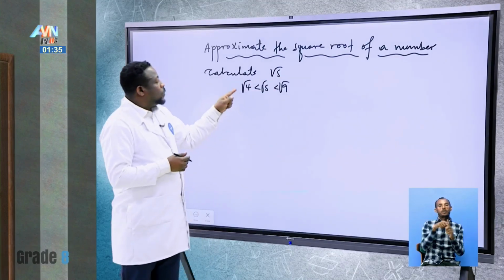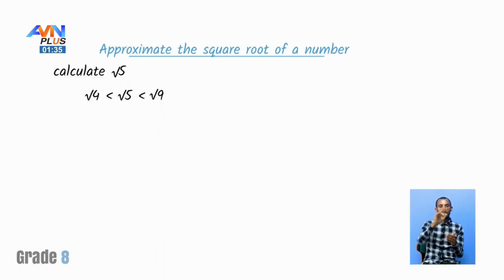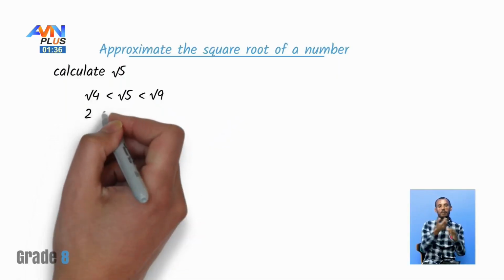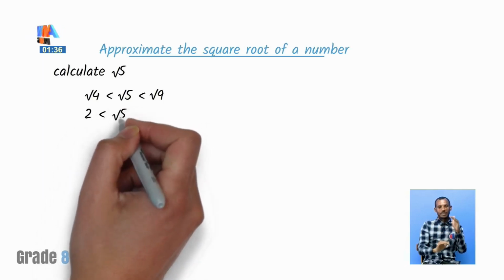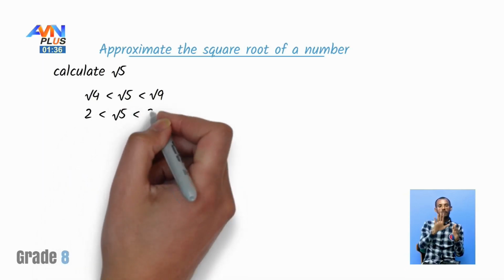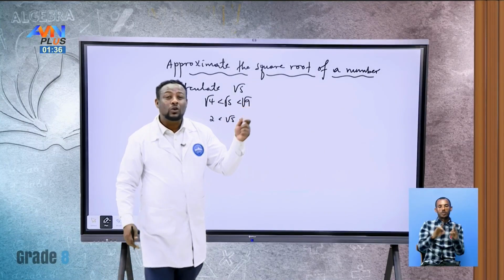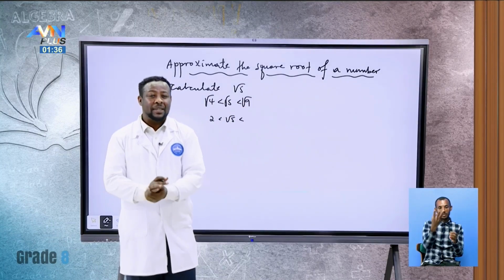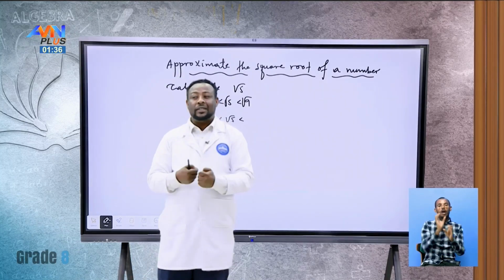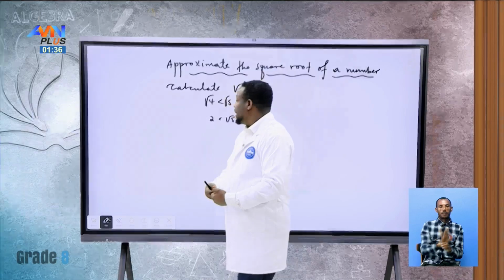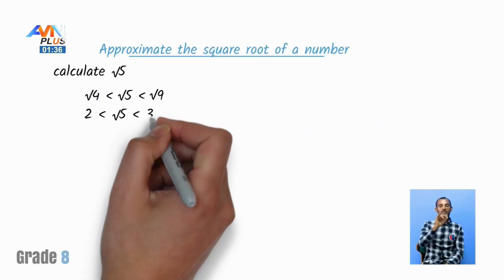So we all know that the square root of 4 is 2 from the previous example. This is less than radical 5. And radical 5 is less than the square root of 9. Do you remember what the square root of 9 is? In our previous example, I have shown you how you can calculate the square root of 9. So clearly, the square root of 9 is 3.